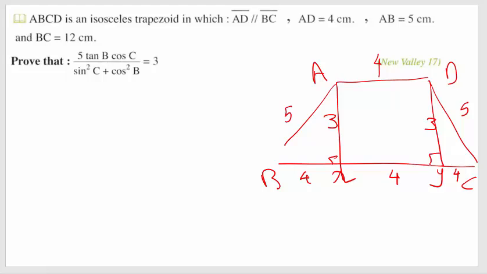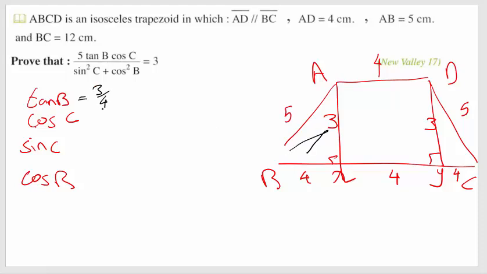Now let's find 5 tan B multiplied by cosine C over sine squared C times cosine squared B. I will find tan B, cosine C, sine C, and cosine B. Let's do it now. Tan B means opposite over adjacent, so it will be 3 over 4. Cosine C is adjacent over hypotenuse, so it will be 4 over 5.